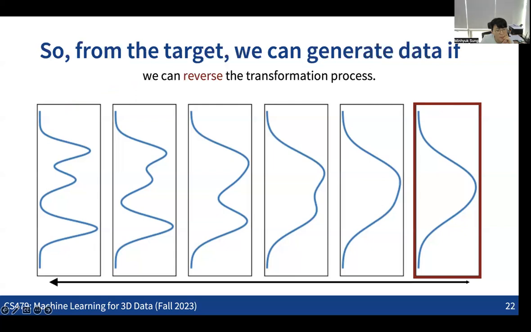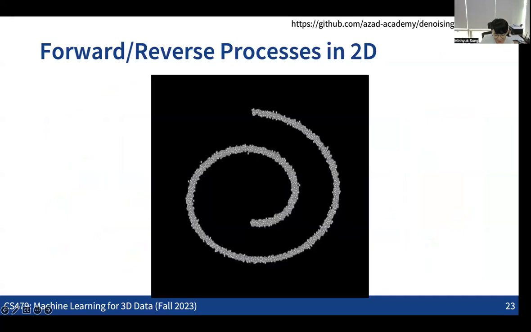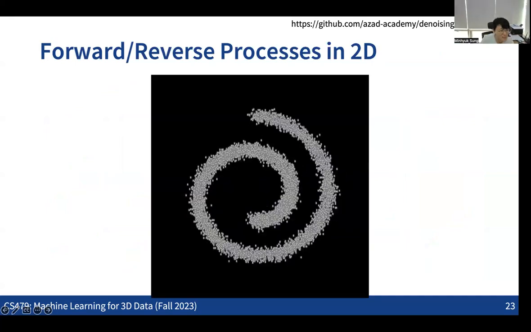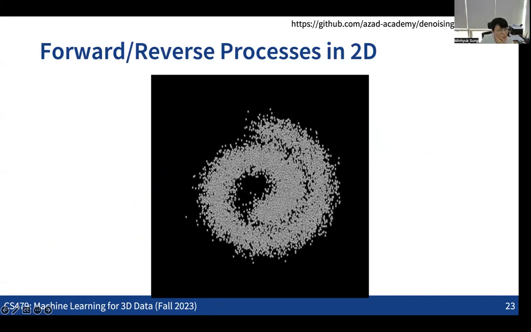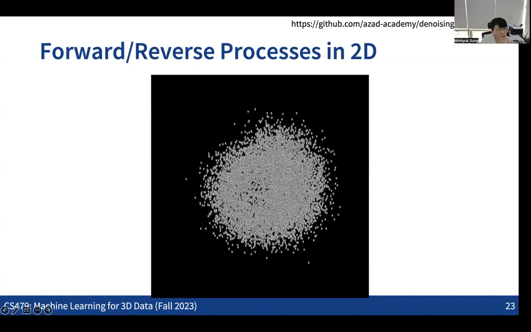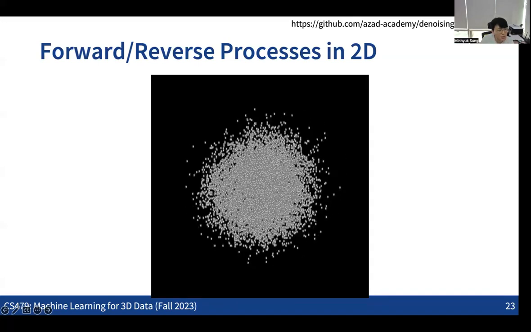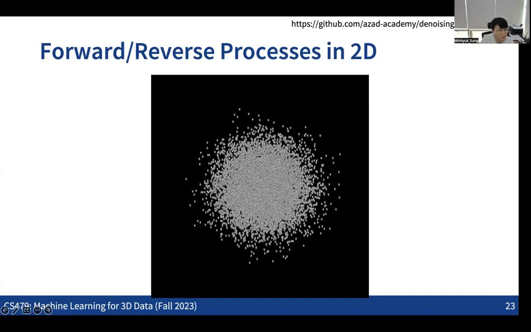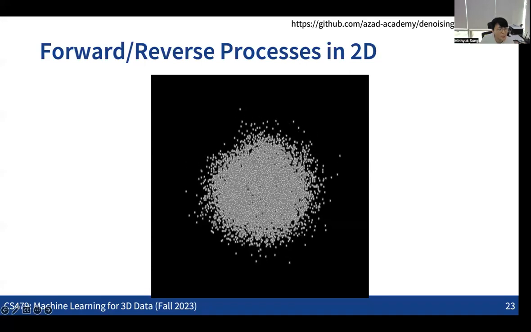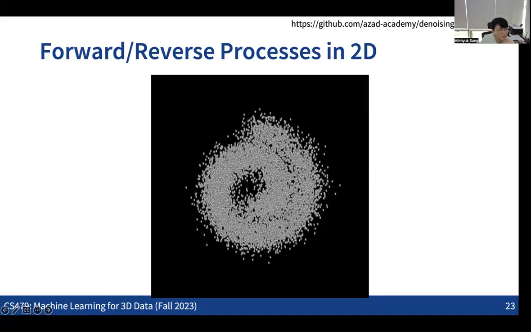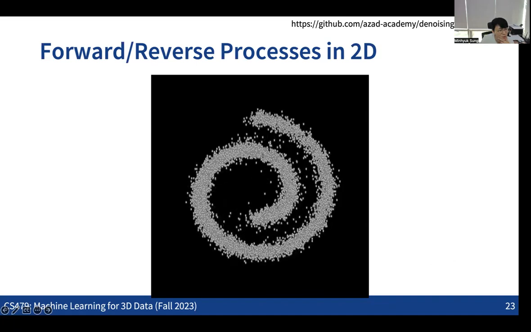This is basically what we are doing for all the generative models, and this is one of the examples in the 2D case. Starting from some data distribution, we map it into the 2D Gaussian, and then do the reverse mapping from the unit Gaussian to the data distribution again.